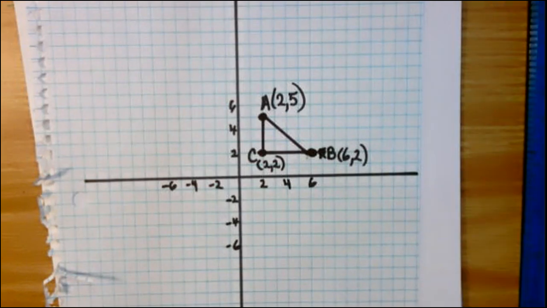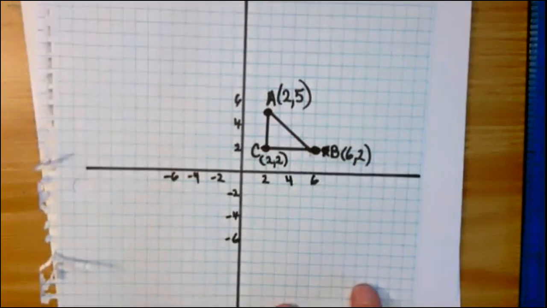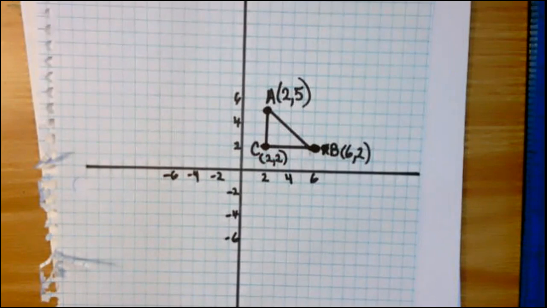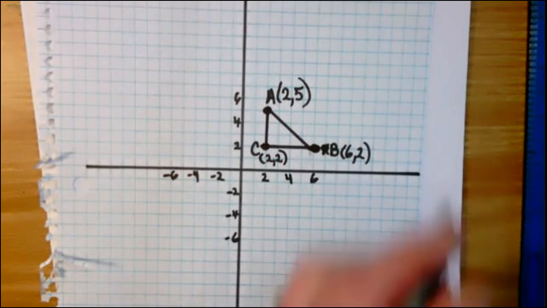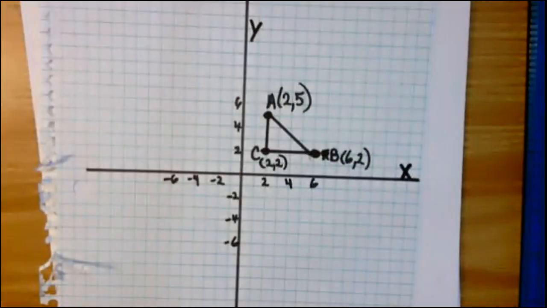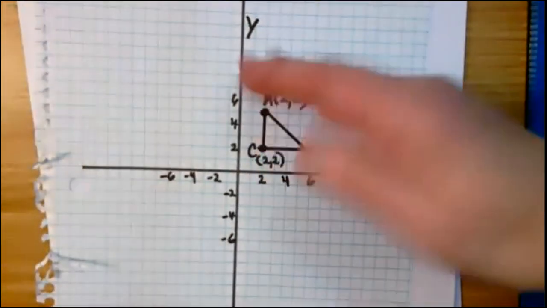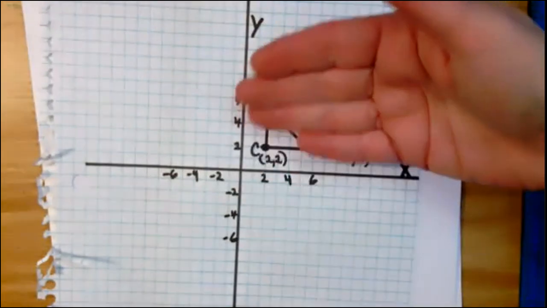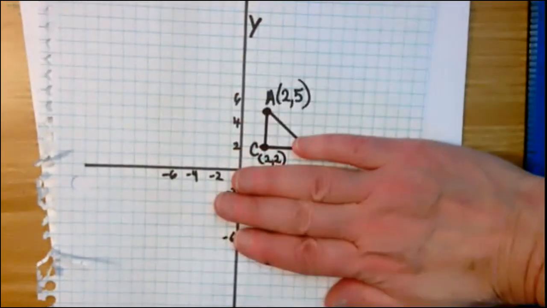Okay, so this is our pre-image, triangle ABC. And what we want to do is do a reflection across the x-axis. So this is x, and then up here is y. So to go across the x-axis, we're going to take it and flip it.